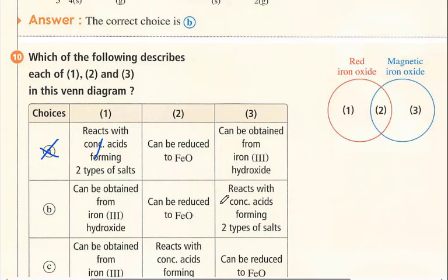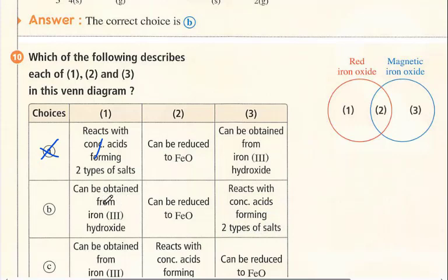So this is also correct. Reacts with conc. acids forming two types of salts. This 3 is a characteristic only of magnetic iron oxide, and it can react with conc. acids and heating, okay, and forms two types of salts.